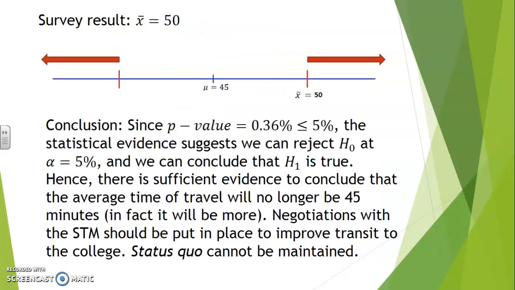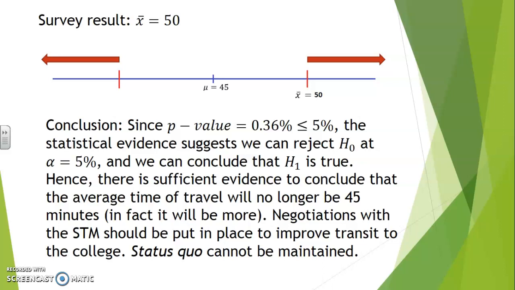So the two areas that we calculated created a probability of 0.36%, which does not exceed the 5% significance level we had set. So there is statistical evidence that we should reject H0, and we can conclude that H1 is true.